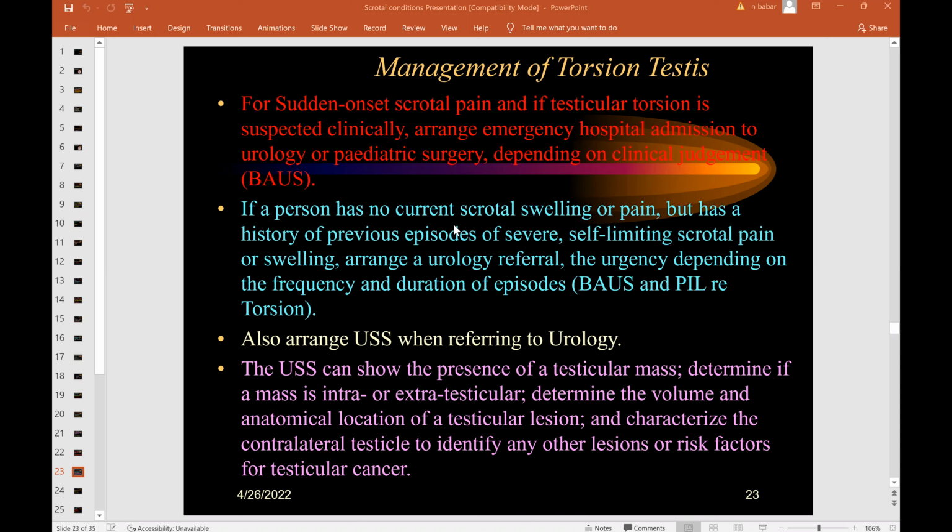If a person has no current scrotal swelling or pain, but has a history of previous episodes of severe self-limiting scrotal pains or swelling, arrange a urological referral, and the urgency will depend on the frequency and duration of the episodes. This obviously means there is suspected torsion and detorsion.